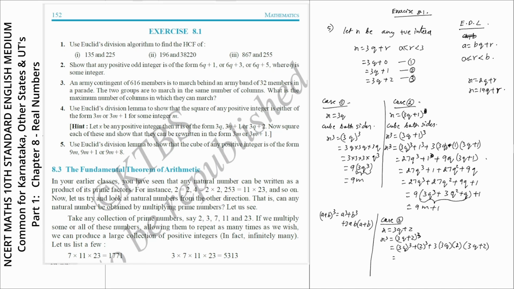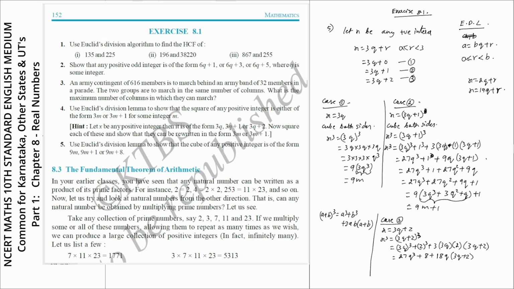So this is equal to 27q cube. I will get 3 cube is 27, plus 2 cube is 2 2s are 4, 4 2s are 8, plus, now here 3 3s are 9, 9 2s are 18, so 18q into (3q plus 2).